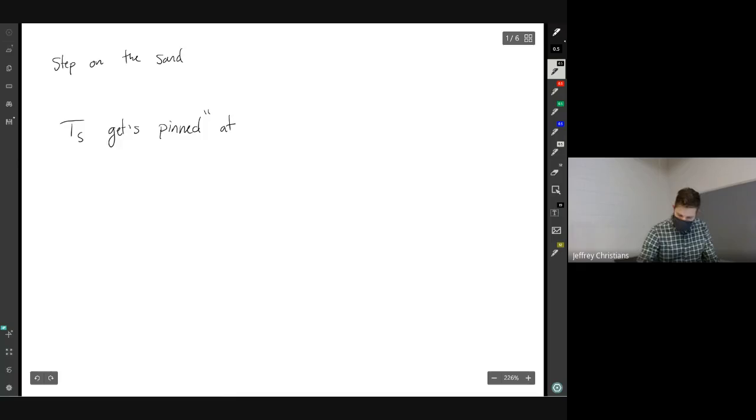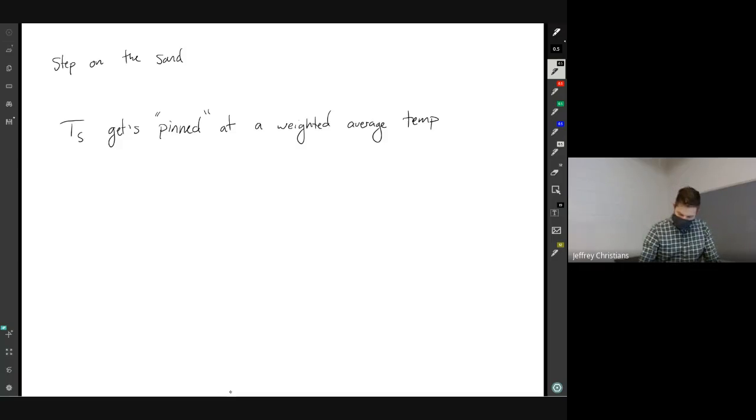Do you know what I mean by pinned? Like very quickly it gets stuck. It gets to a temperature at the interface between those two objects, and that temperature stays there. So the surface temperature is not changing with time. It very quickly reaches a temperature and then it stays constant. It's pinned at a weighted average temp.